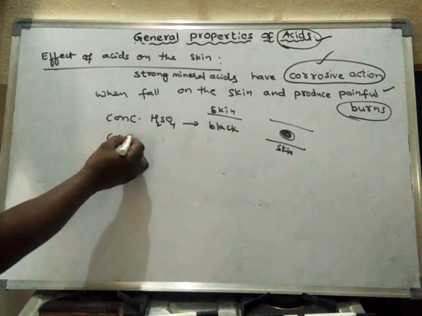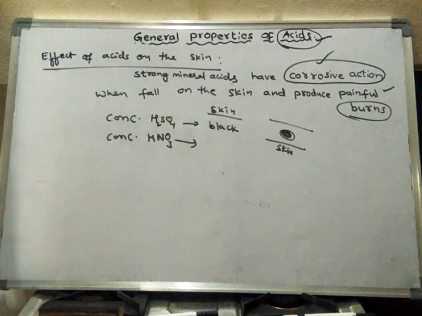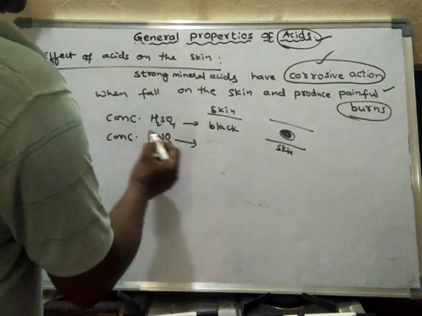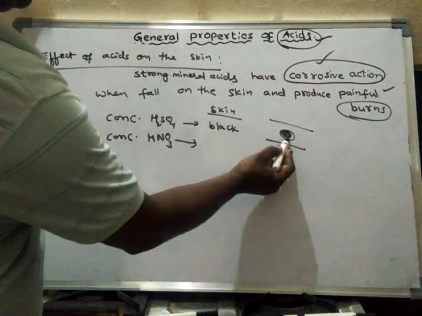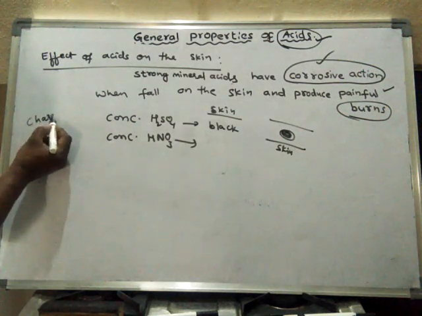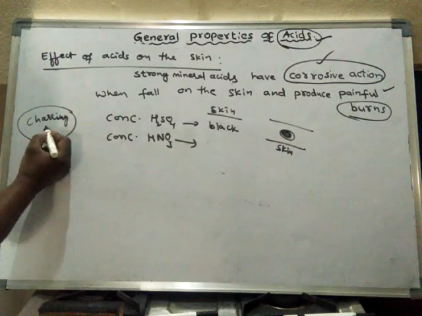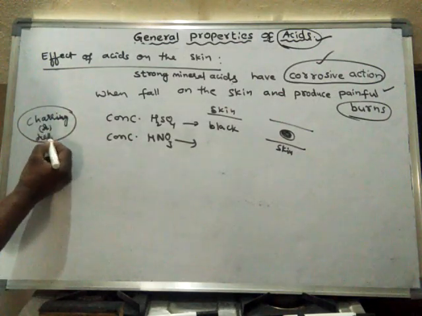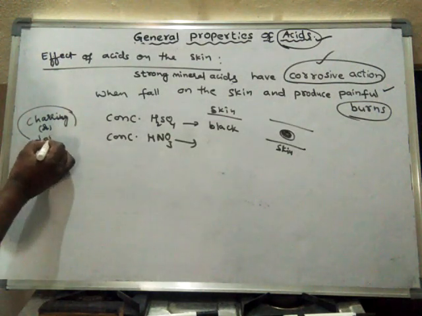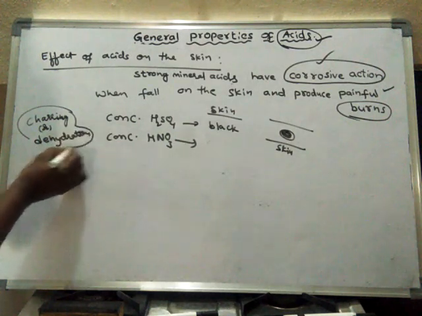Suppose it is concentrated nitric acid that falls on the skin, what happens? See, concentrated sulfuric acid turns that area black due to charring, or dehydration.